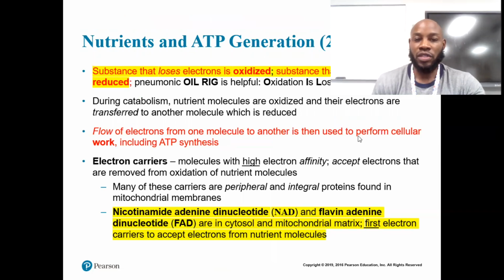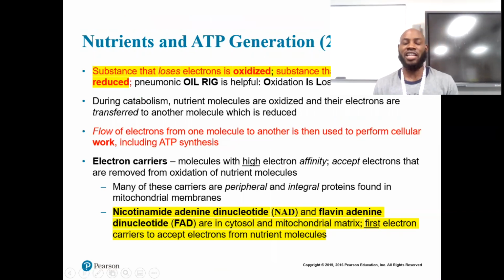All right, so the term here is OIL RIG. Oxidation is loss, reduction is gain. When we think of reducing, remember, electrons have a negative charge. So if you gain electrons, you're reducing your charge, right? So that's your reduction. Oxidation, losing electrons. Reduction, you gain electrons.